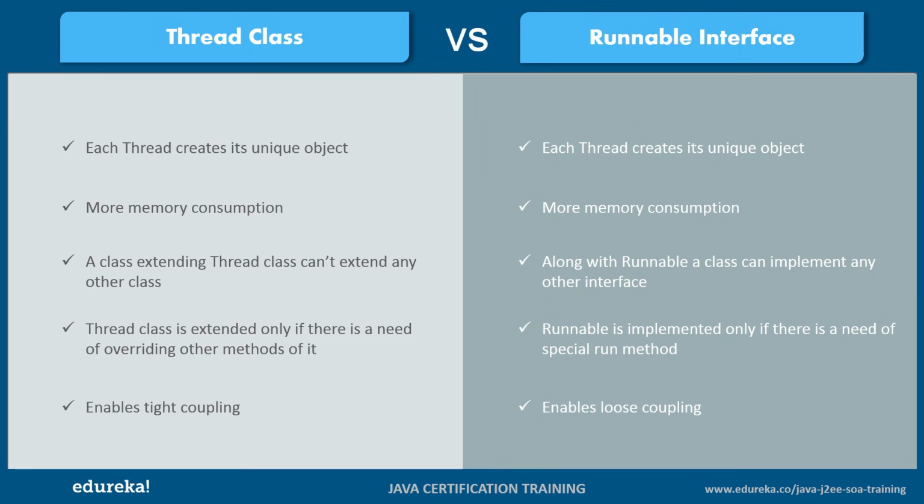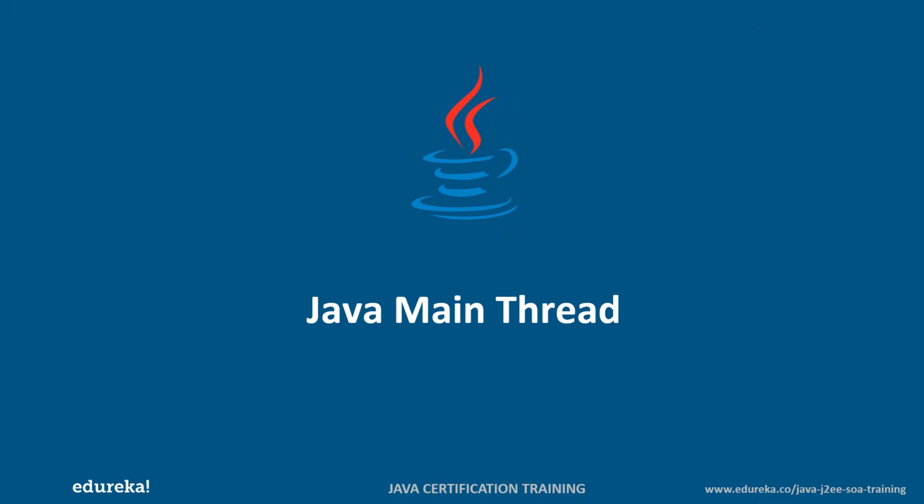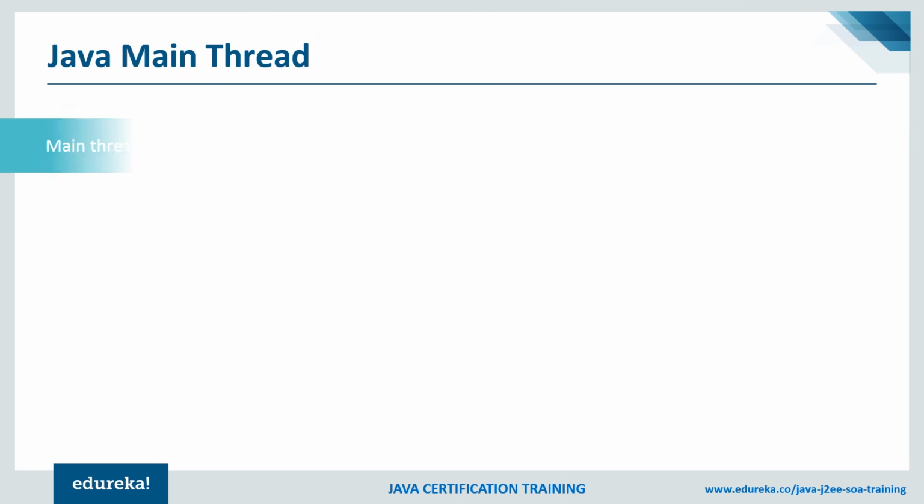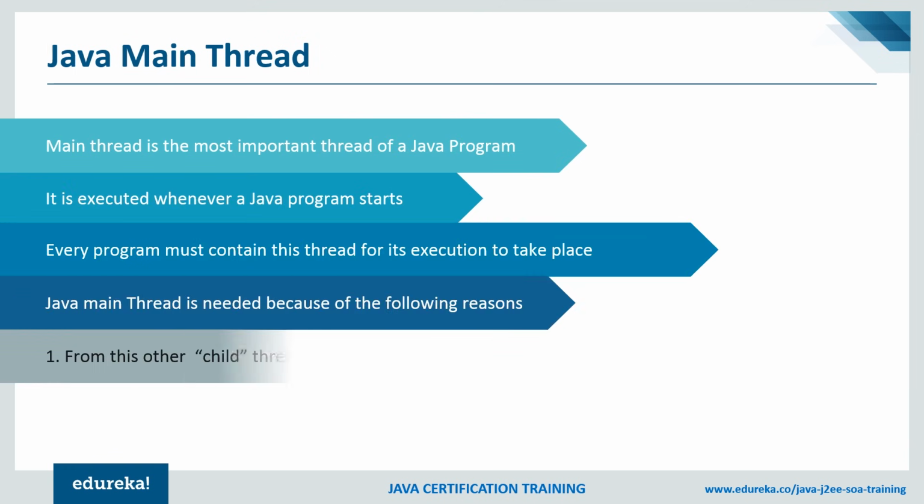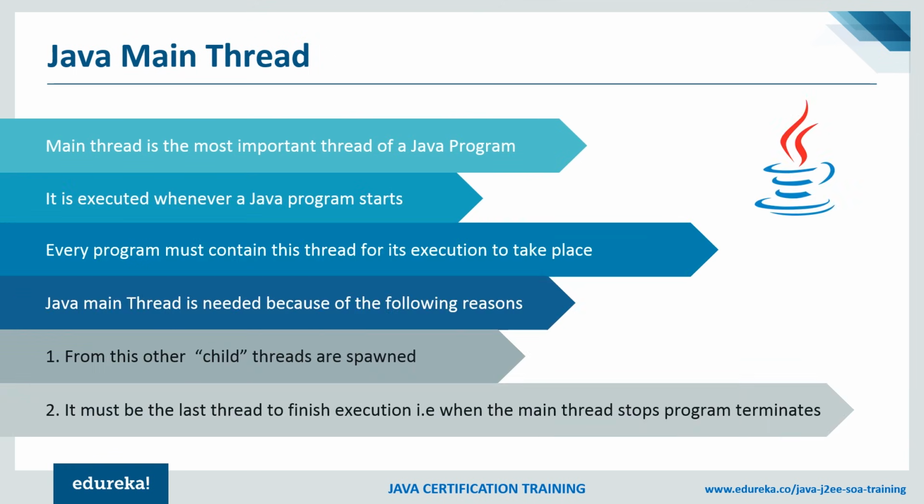We saw how to create a thread, what a thread is, and how it helps the main thread accomplish the jobs. So what is this main thread? Once again, main thread revisited. Guys, the main thread is the most important part of any application or Java program. Whenever you run your application, your main thread is executed.